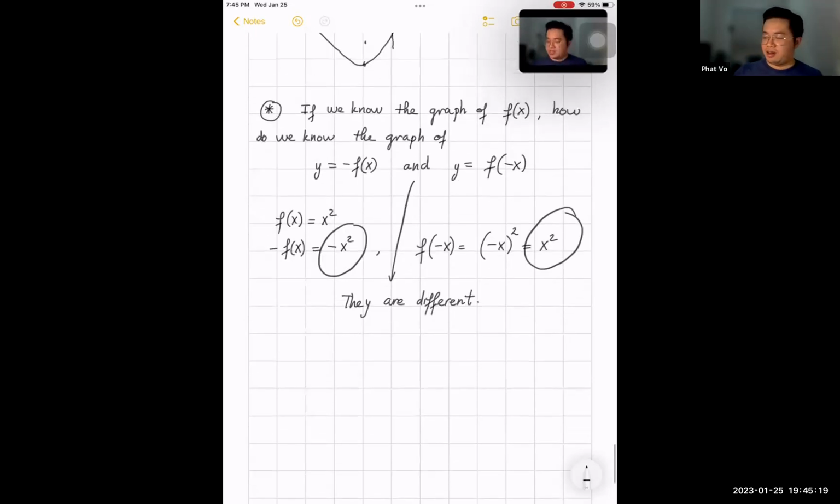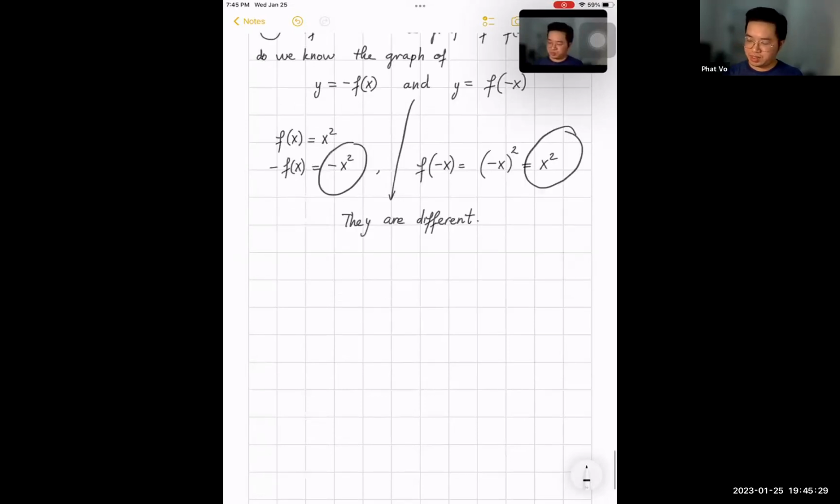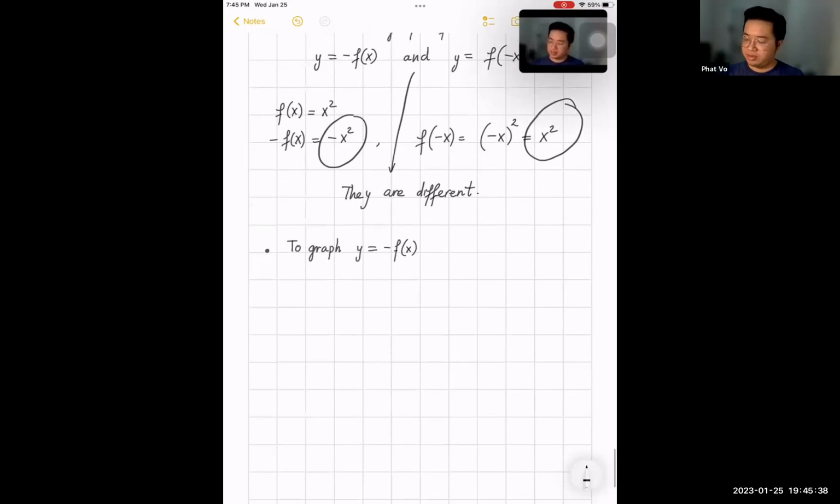Okay, so now how do we get the graph of these functions? Okay, how do we graph the function? So we will use this rule as follows. To graph the function negative f(x), we will reflect the graph of the function in the x-axis.